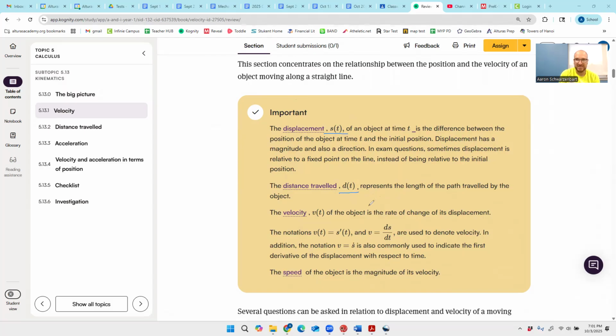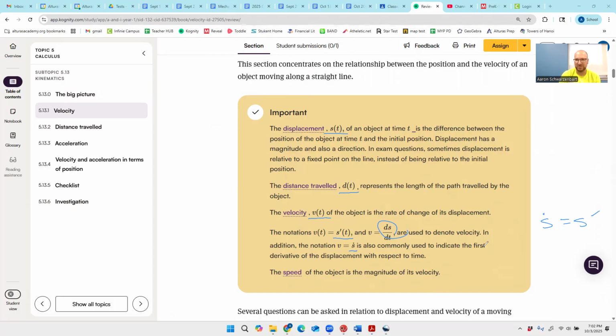D of t is distance. Distance is essentially the absolute value of displacement. V of t is velocity. You can also call that S prime of t or ds/dt. You'll also see this notation with a dot over it, which is the same as prime.